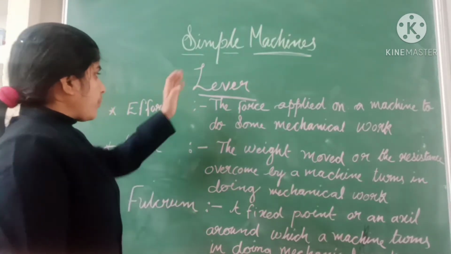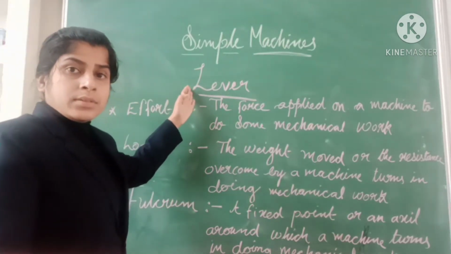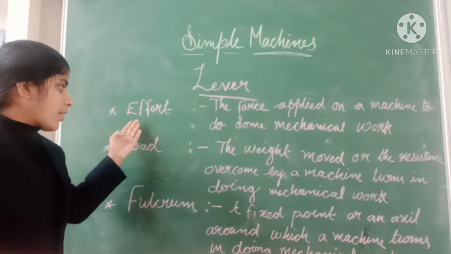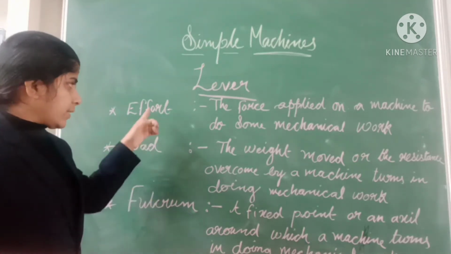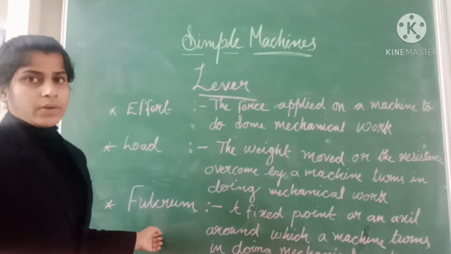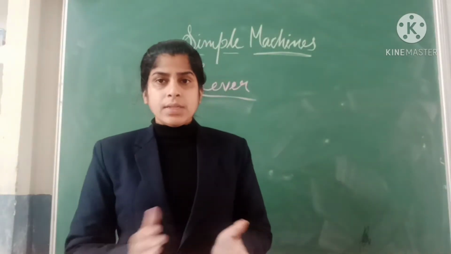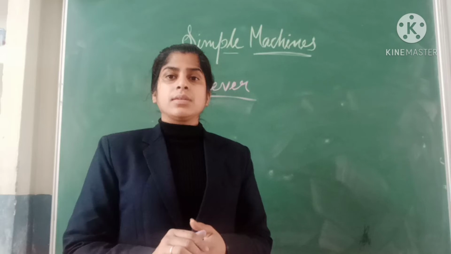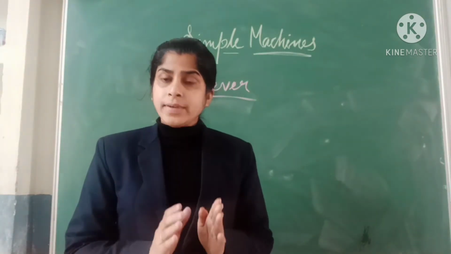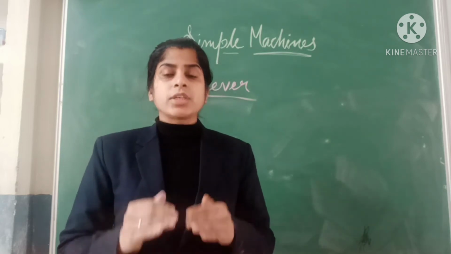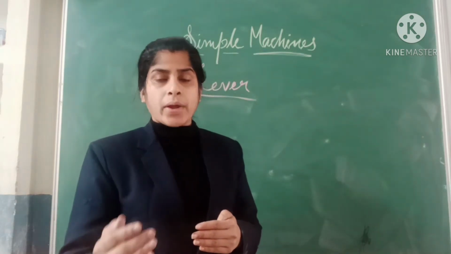A lever has three main parts: effort, load and fulcrum. Do you understand these words? Okay, so what is a lever? A lever is a simple machine, a rigid bar which can rotate around a fixed point.